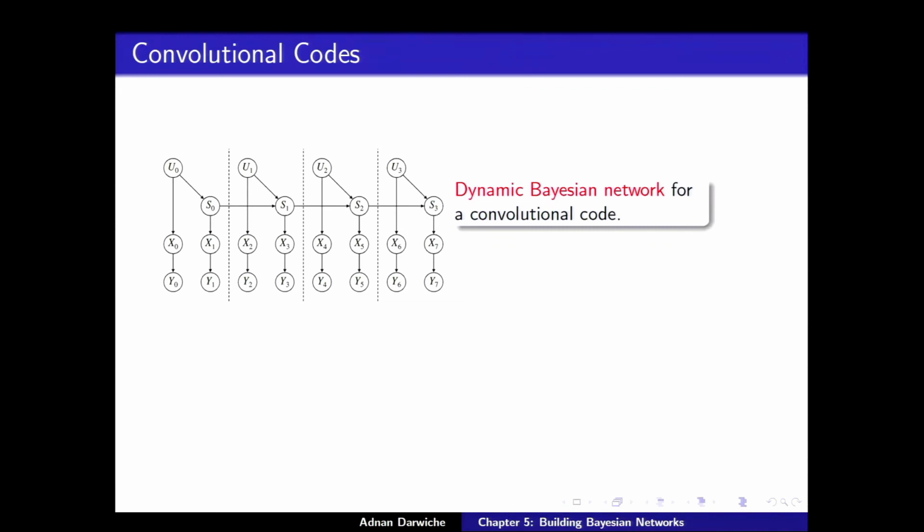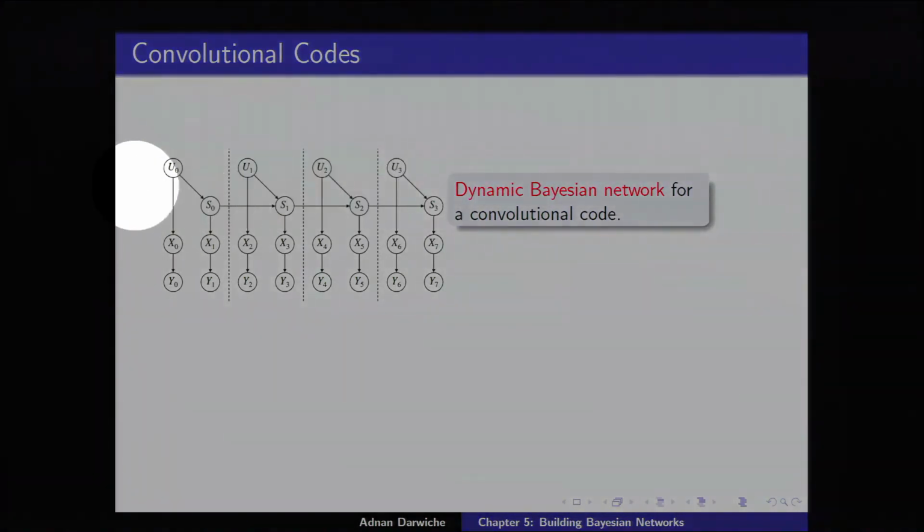What's happening here is, look what's going on. There are the information bits, U1 through U4 as before, but now the redundant bits are generated a little bit differently. These are the S's, and you can think of it as there is a notion of state and time, where this redundant bit is a function of the previous one and the previous bit that I'm trying to send, and so on.